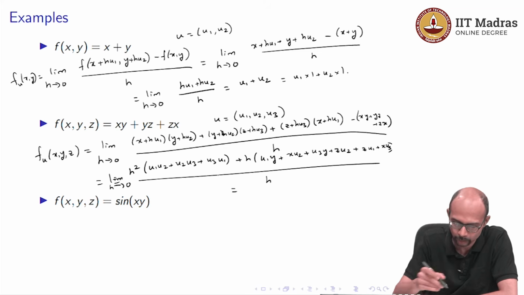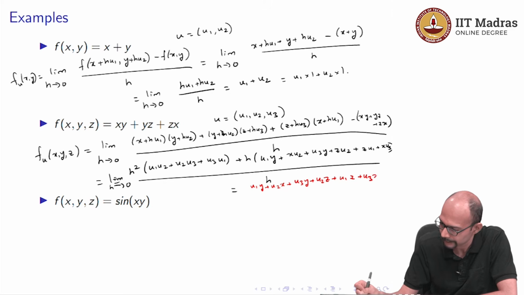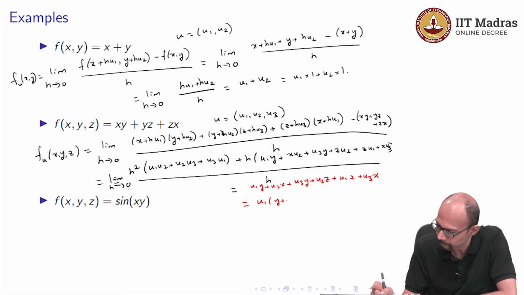whatever you have in the bracket here. So, this is u1 times y plus u2 times x plus u3 times y plus u2 times z plus u1 times z plus u3 times x, and if I rewrite that, I get u1 times (y plus z) plus u2 times (x plus z) plus u3 times (x plus y).